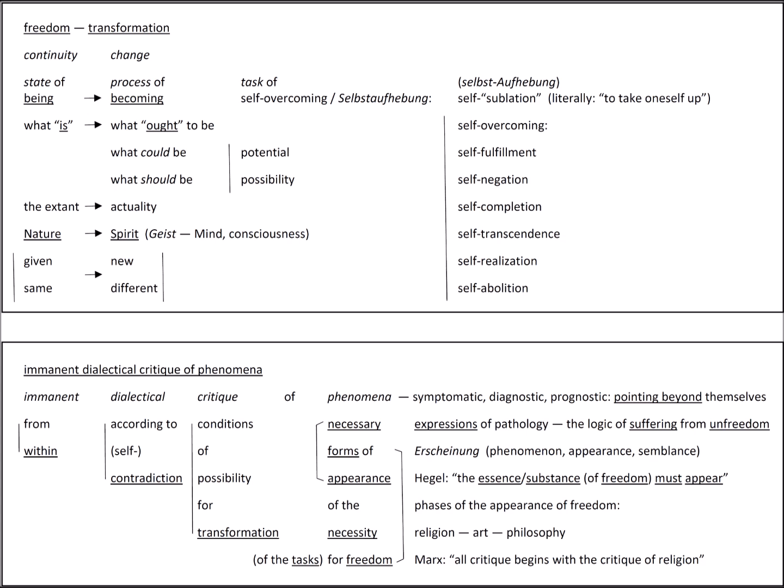He's actually dialectical, and he'll say so. The dialectic of being and becoming, the dialectic of nature and spirit, the dialectic of what is and what ought to be. So spirit is the self-transformation of nature, the self-overcoming of nature.